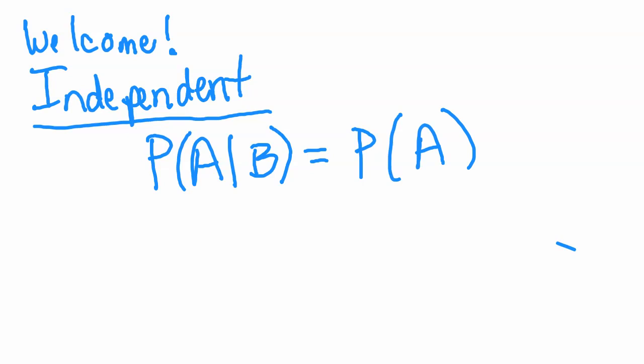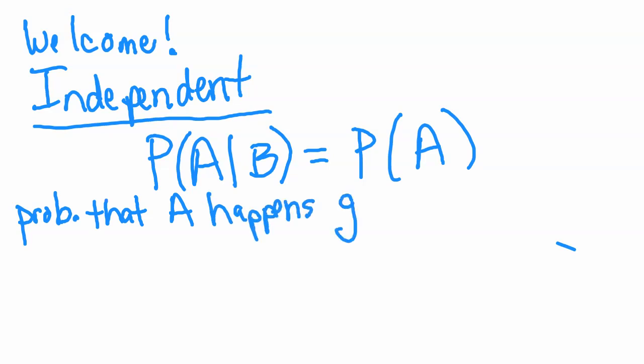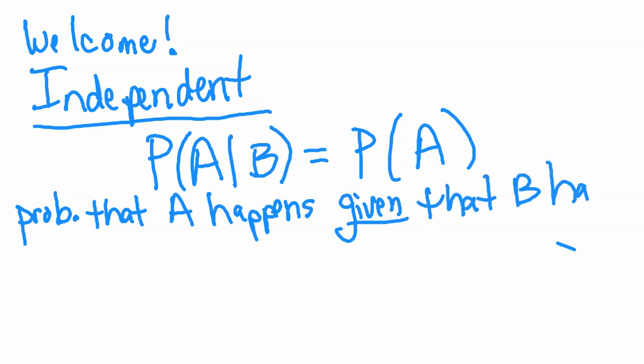So what these symbols mean right here, what I just wrote, is the probability that A happens given that B happens. So that straight line means given, and it's conditional, and that's really important.